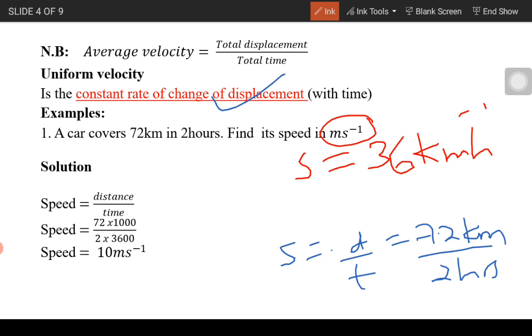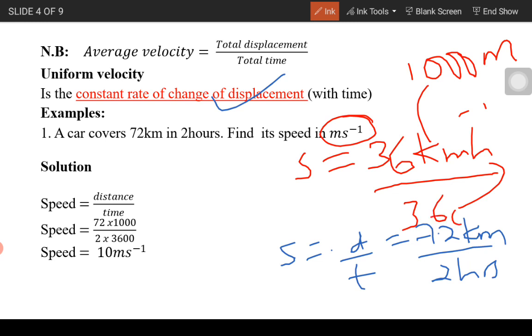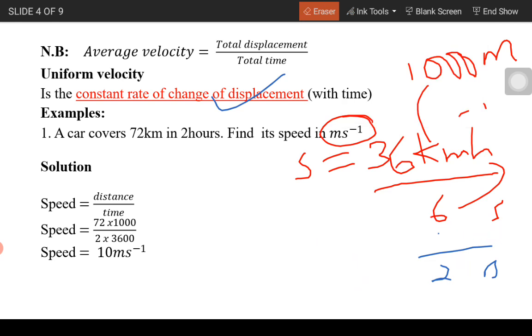But they want the speed in meters per second. I hope you can all see that very well. So how do we convert our speed from 36 kilometers per hour to meters per second? You need to know that in 1 kilometer we have 1000 meters, and in 1 hour we have 3600 seconds. It is something very easy.